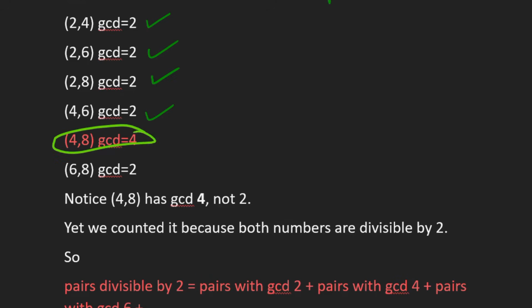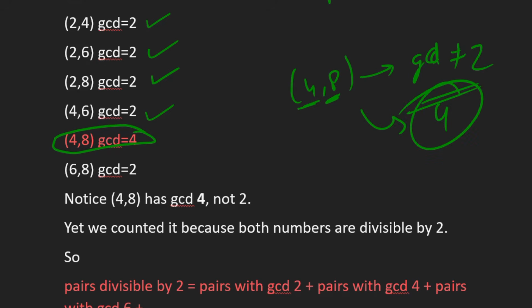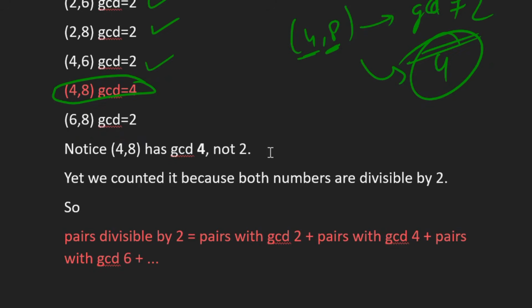But if we see the pair 4 comma 8, both the numbers are divisible by 2, but their gcd value is not equal to 2, it is 4, right? So 4 comma 8 has a gcd value 4, not 2. When we counted the possible pairs, we counted this one also, right?